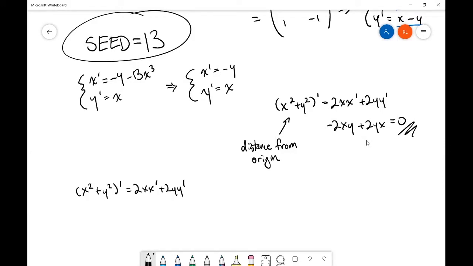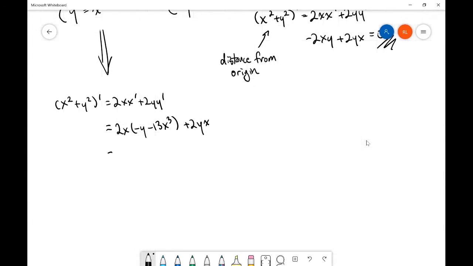If we apply this to our nonlinear system instead, we should see 2x minus y minus 13x cubed plus 2yx, which cancels out to be about negative 26x to the fourth.